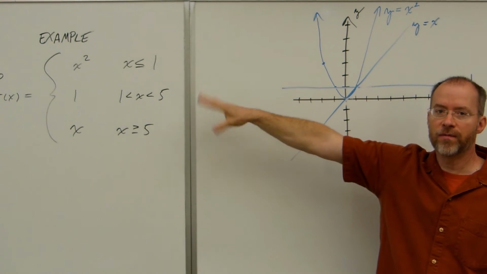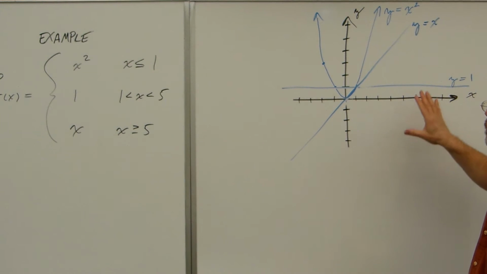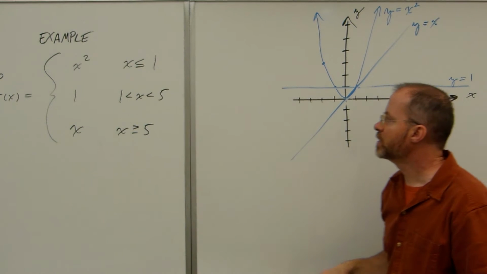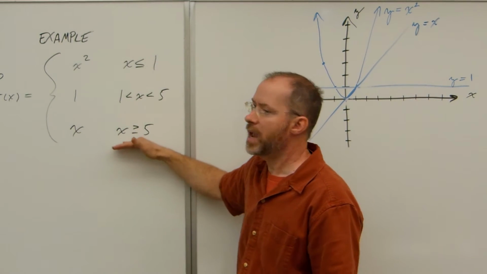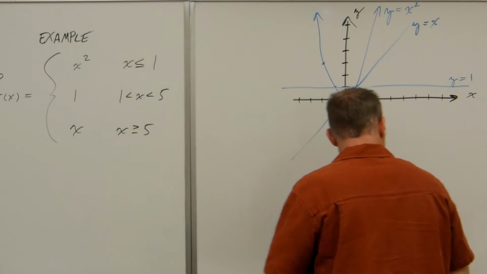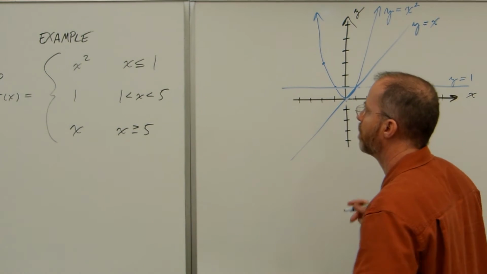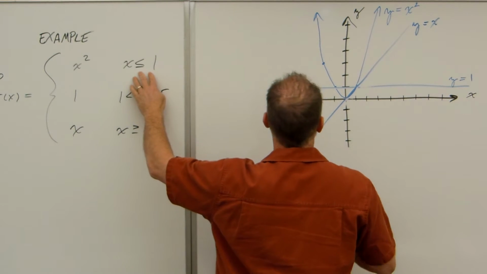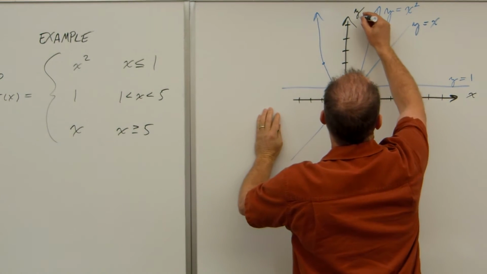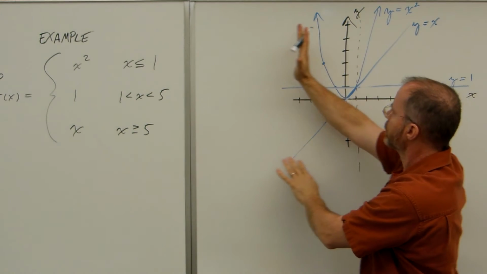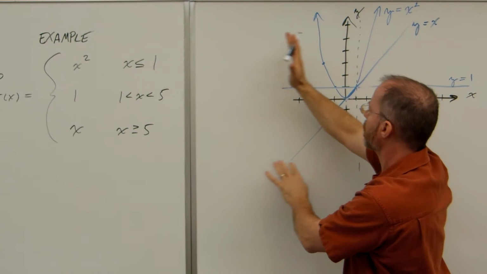Basically, I've got 3 function formulas, and the functions individually would graph like this, but I have to pay attention to where in the domain each one of them is specified. So let me also look at breaking this down by how these instructions break down the domain. For x less than or equal to 1, I'm talking about everything over here where x is equal to 1 or smaller.